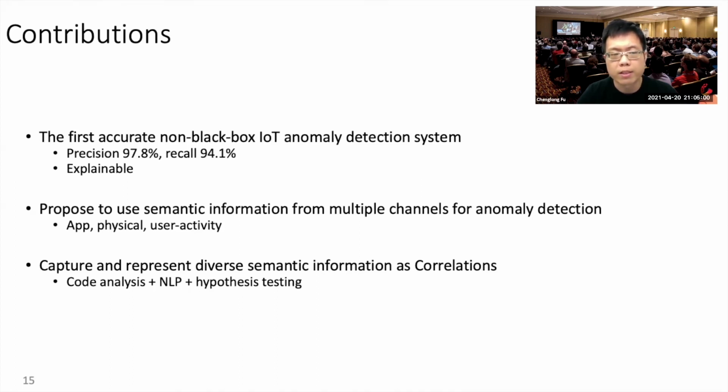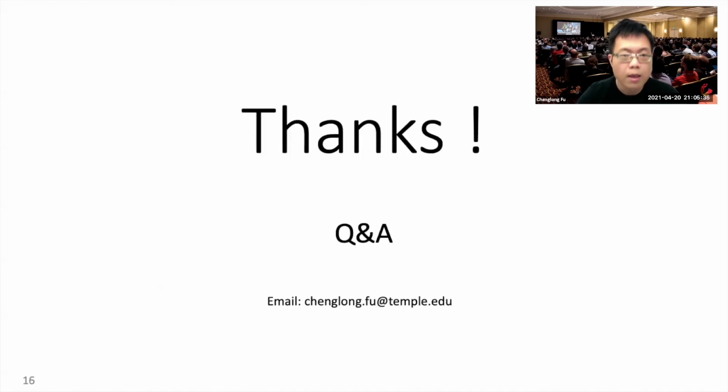This semantic information includes the smart apps, devices' physical attributes, and the user's activities. And finally, we find a method to capture and represent diverse semantic information as correlations. We use code analysis and natural language processing to extract the semantic information into a uniform representation. And finally, we use the hypothesis testing method to verify and filter the hypothetical correlations generated from semantic information.